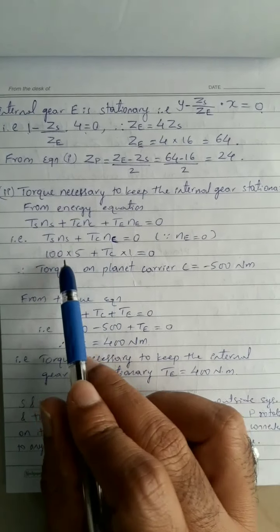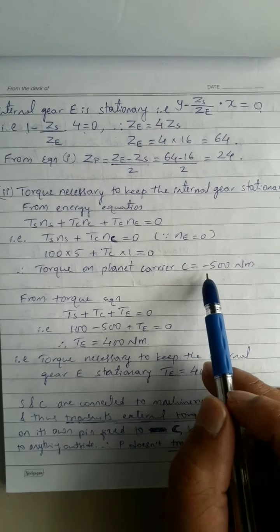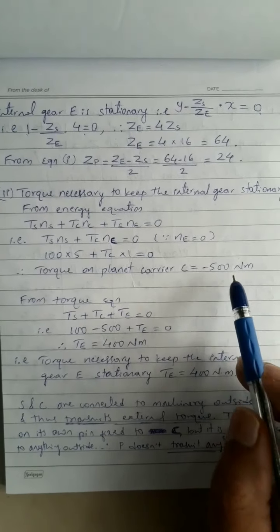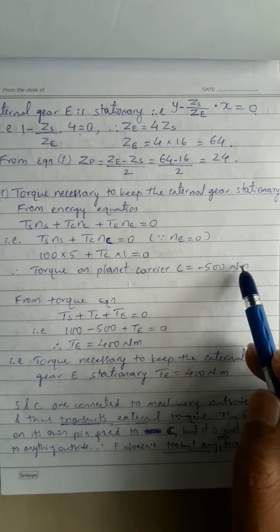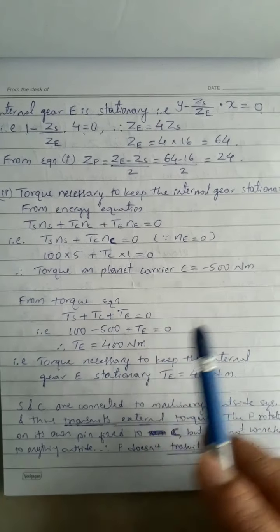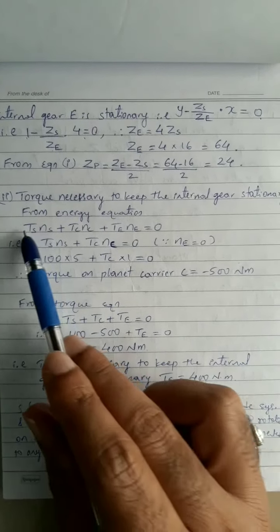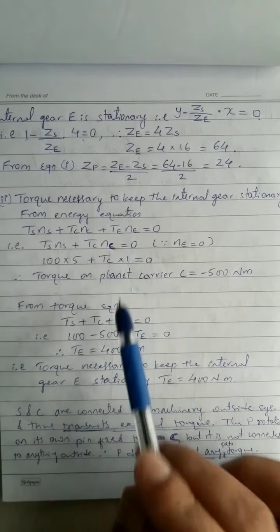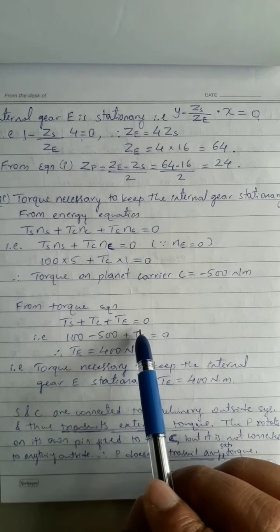By calculating this, we get negative 500 Newton meter. Now from the torque equation, we have Ts plus Tc plus Te is equal to 0.